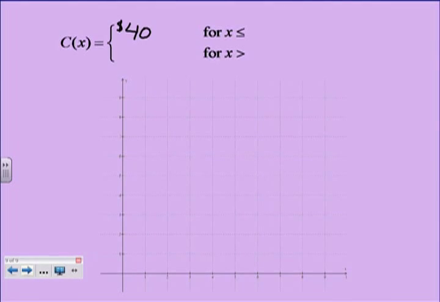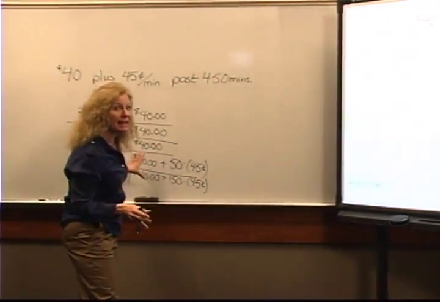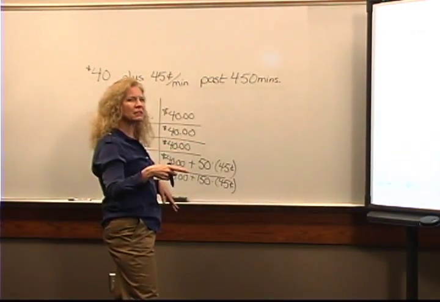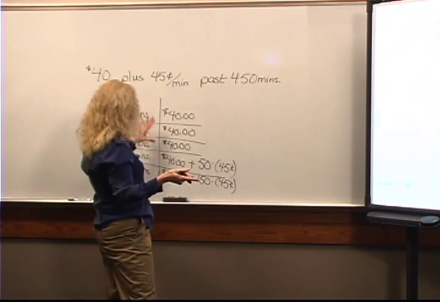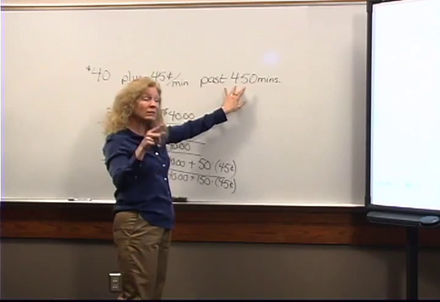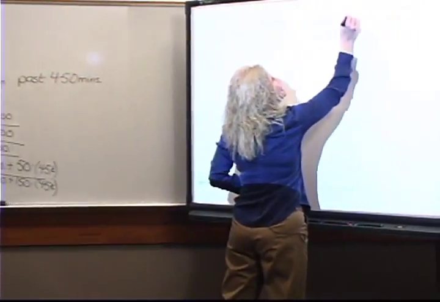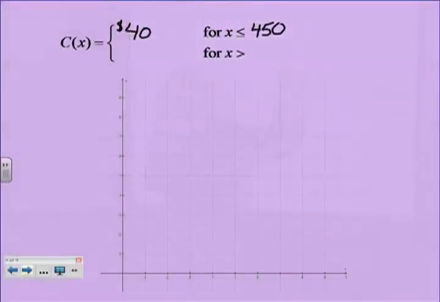But you've got to say, well, when is it $40? Well, it's $40 as long as my minutes, and we decided our minutes was going to be the x in this problem, as long as my minutes are 450 or less. So I can say for x less than or equal to 450.